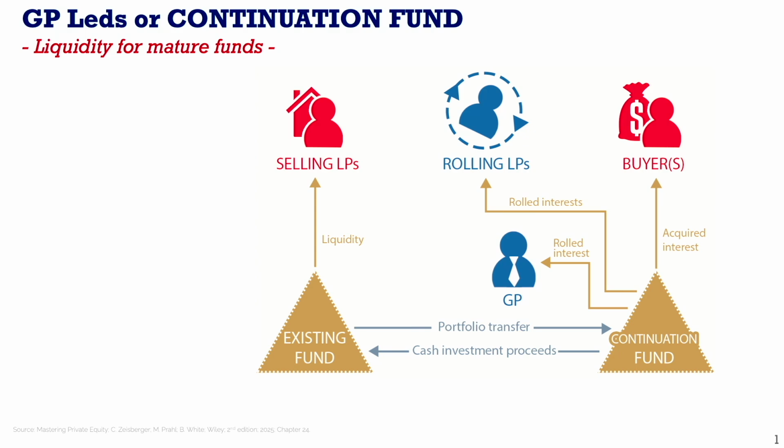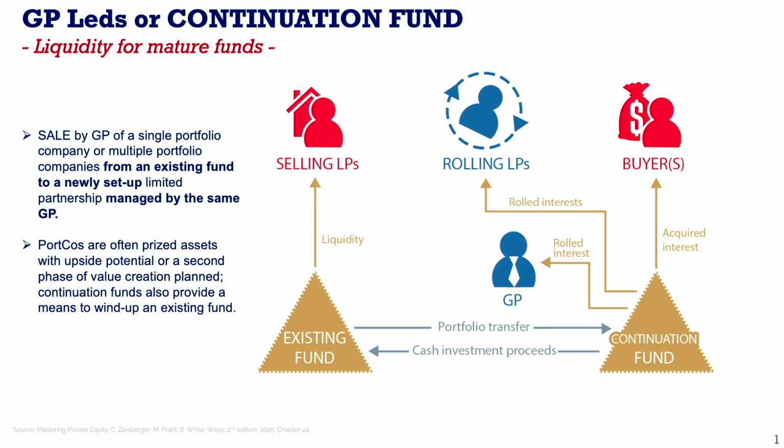Nevertheless, some of the LPs, not all of them likely, from the existing fund will also move over to the continuation fund. Remaining assets, the portfolio transfer happens between those two funds, and of course the continuation fund pays the existing fund for the assets that are being transferred.